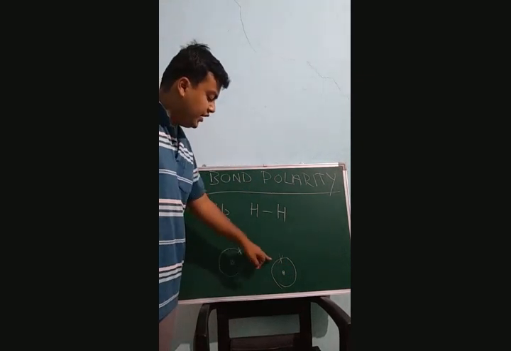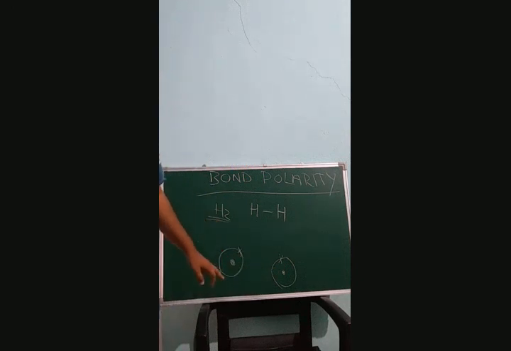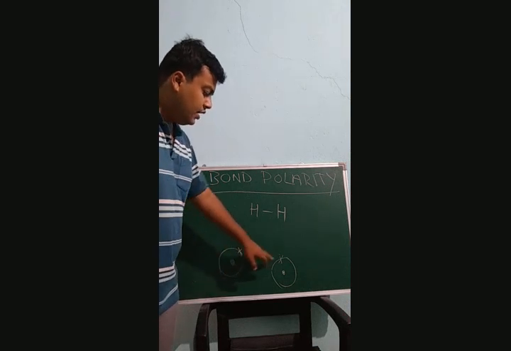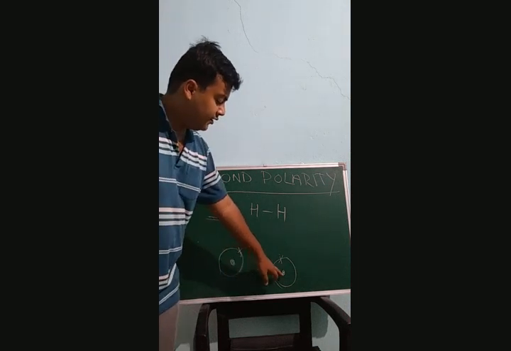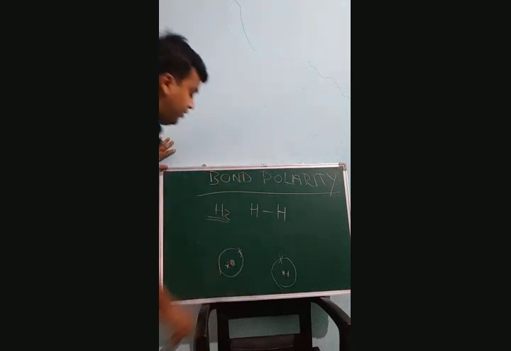So when these two electrons are shared between both hydrogen atoms, the position of this electron pair is very important, because the electron pair is attracted by this nucleus of hydrogen and this nucleus of hydrogen both.